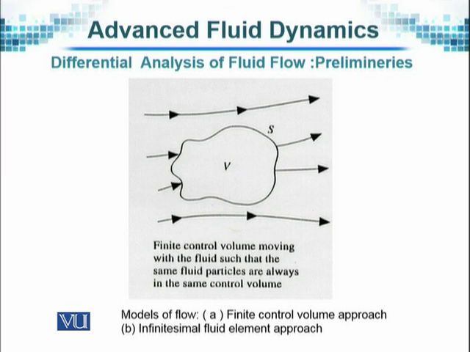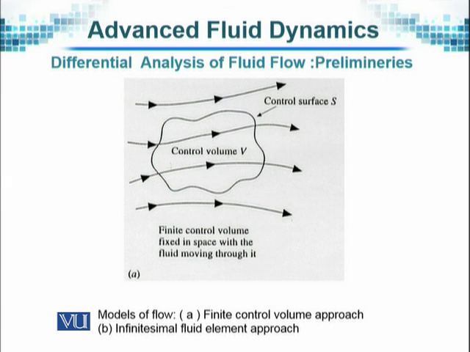So this is the same thing again, and the arrows are showing you that the fluid is flowing. As you can see, in the first case, when we were talking about control volume, the fluid is moving through that volume that is arbitrarily chosen for consideration.